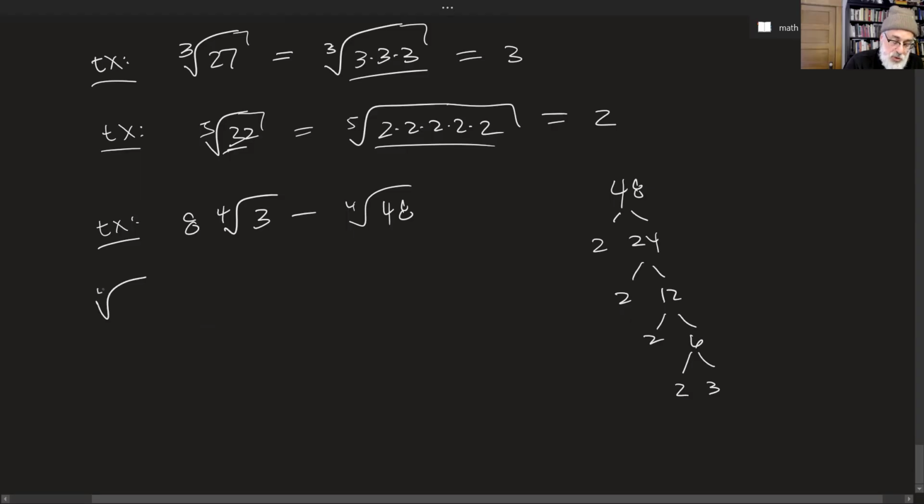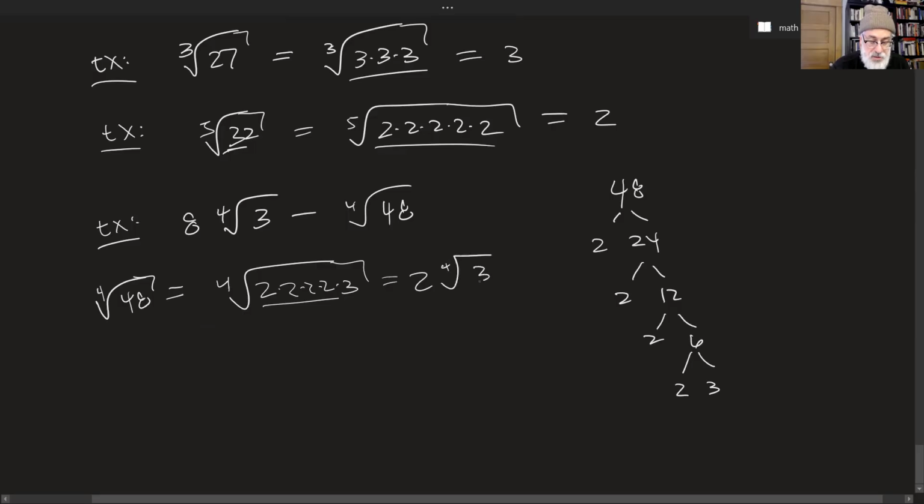So that means the fourth root of 48 can be written as the fourth root of 2 times 2 times 2 times 2 times 3. So 4 of these means I bring it out, and I'm left with the fourth root of 3. So that means the fourth root of 3 minus 2 times the fourth root of 3.